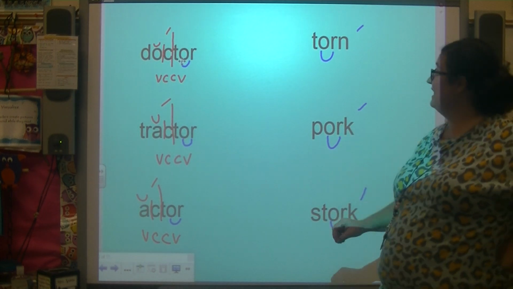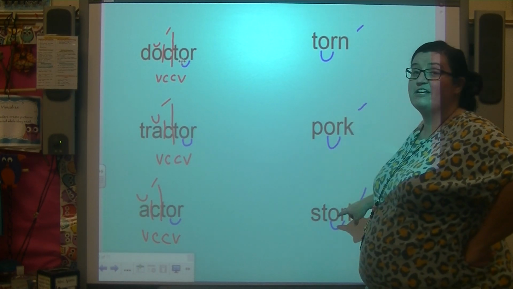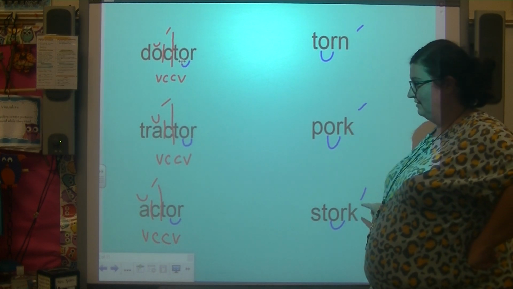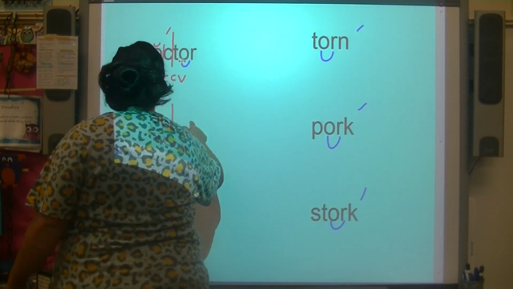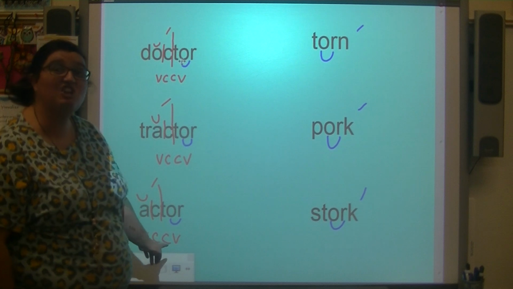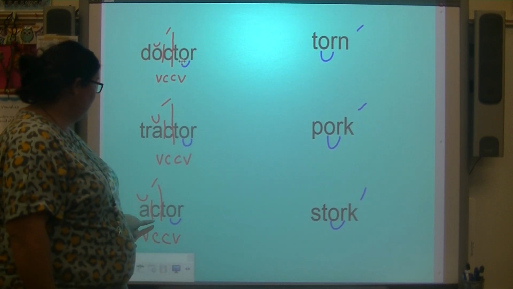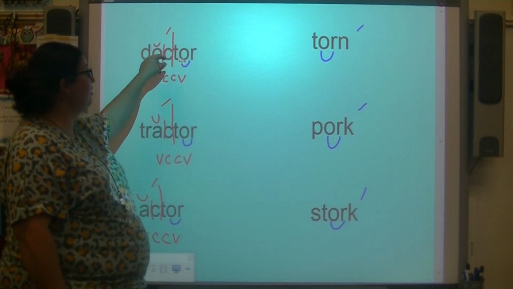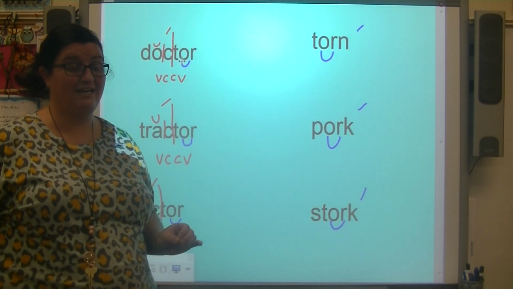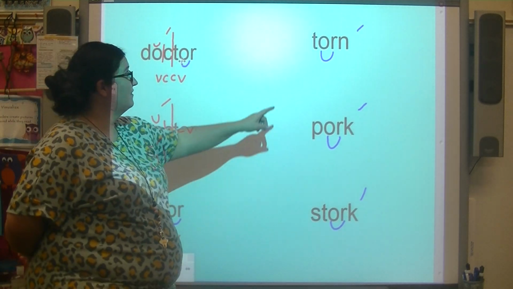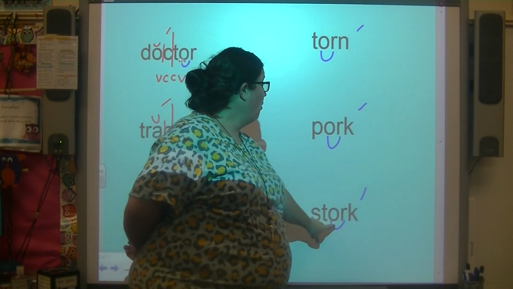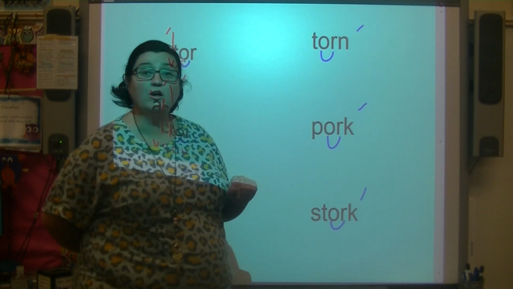So the difference is OR that says or is accented. OR that says schwa-r is not accented. It is in a 2-syllable word that does not have the accent on it, okay? So if it's in a 1-syllable word like these, it's going to say or, as in horse.